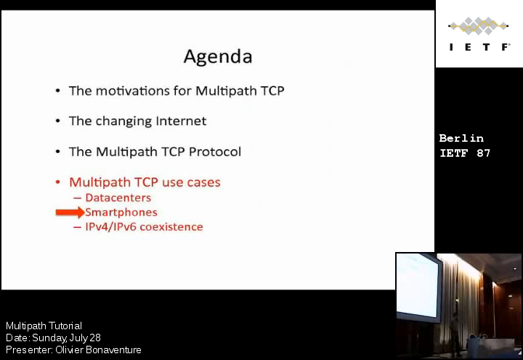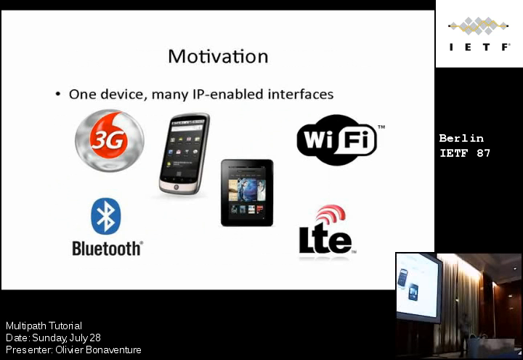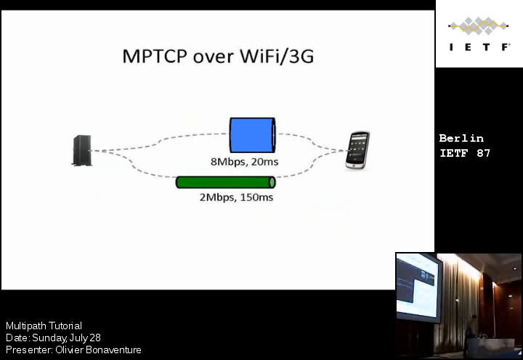So that was the first use case, data centers. Second use case, smartphones. So we have more and more devices with many wireless interfaces, and we would like to be able to use these multiple wireless interfaces at the same time. Let's do one example, which corresponds to a network administrator doing SSH to his preferred router, which is running multipath TCP.